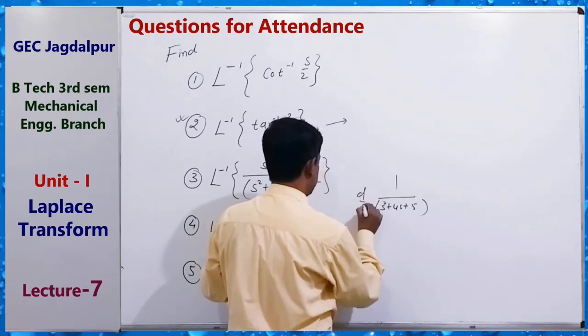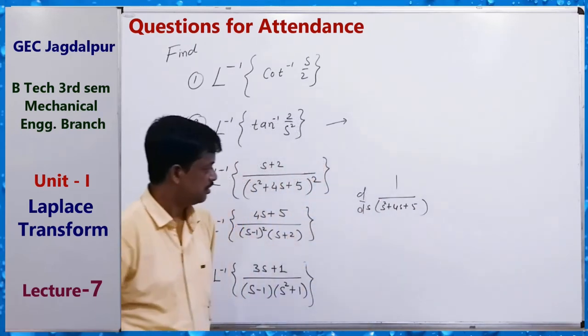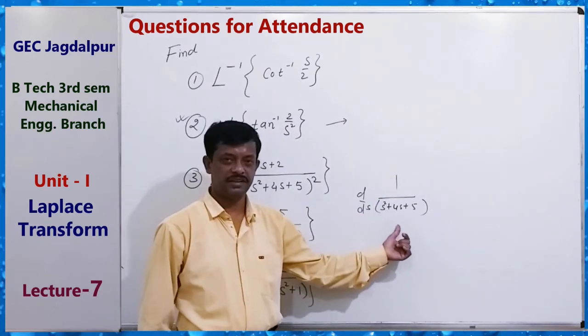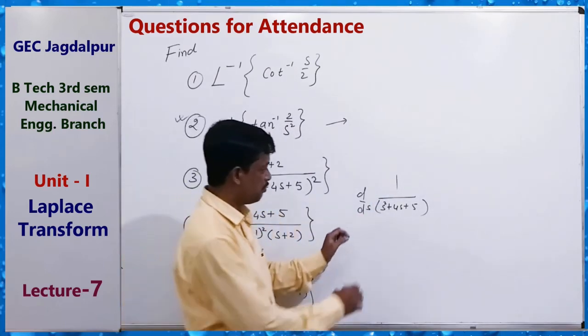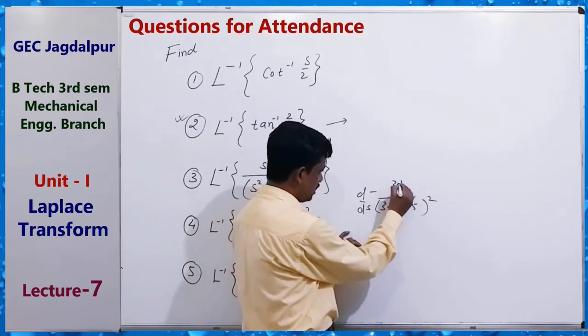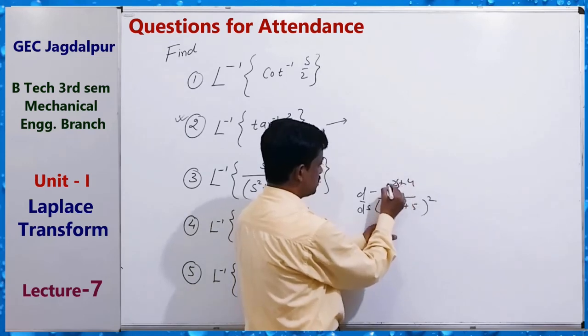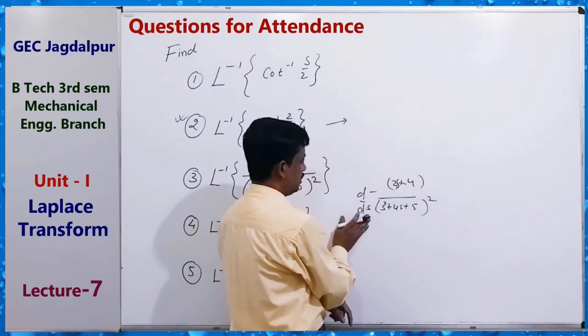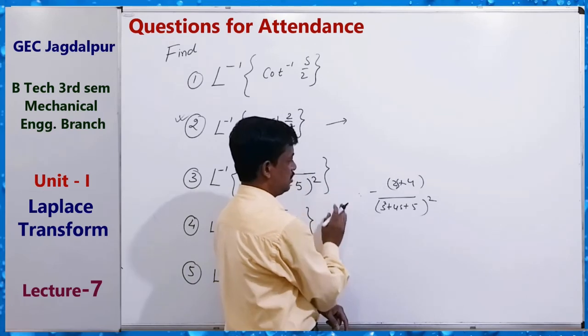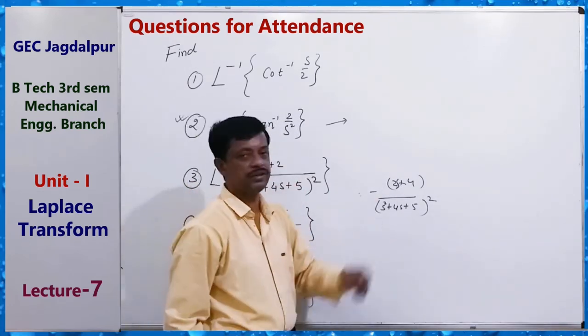So dy of dy ds, if we differentiate it, then we get minus of 1 upon this square times 2s plus 4. We can get this after differentiation of 1 upon only this, without the power. By differentiating we can get this.